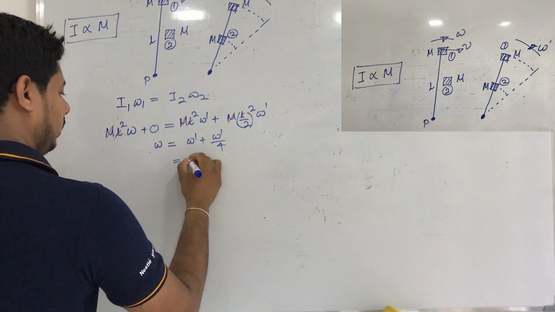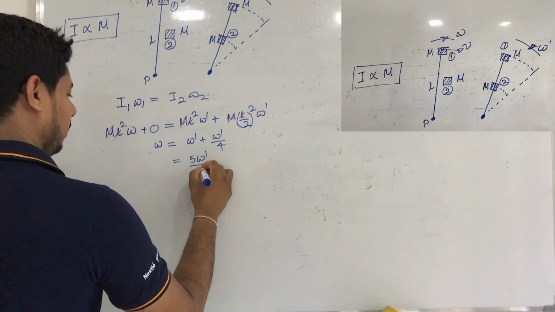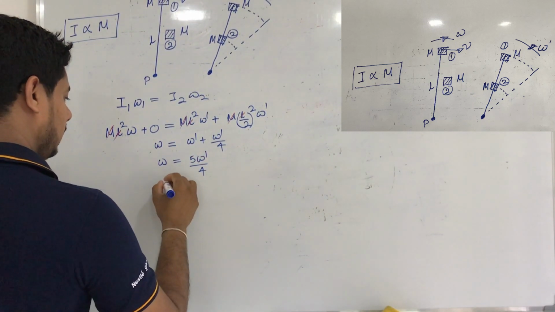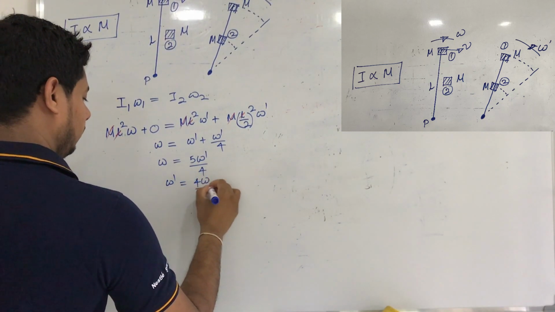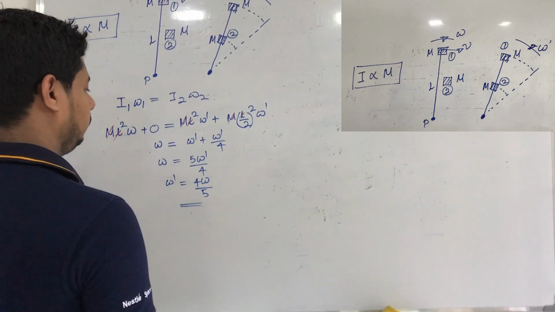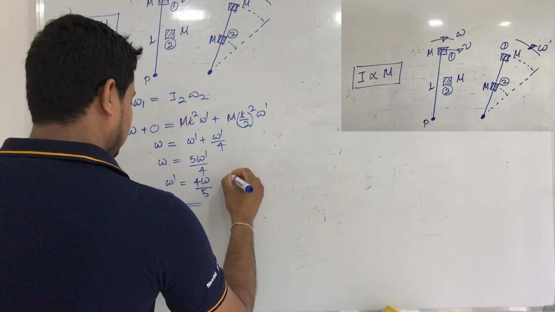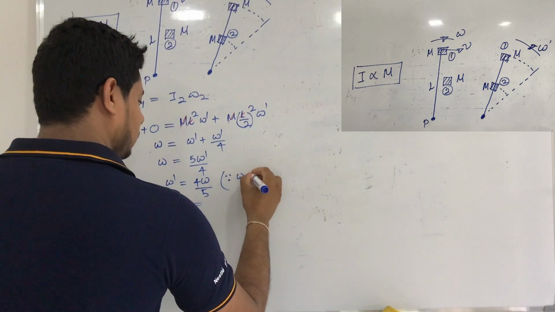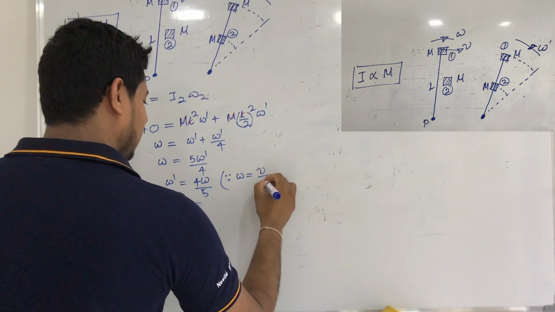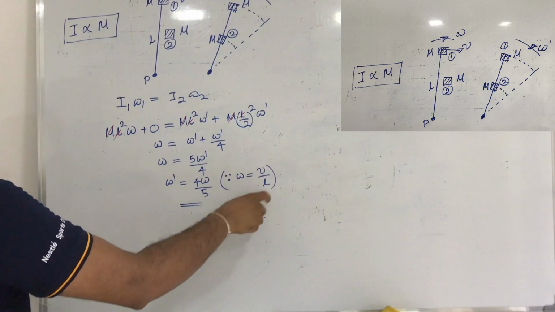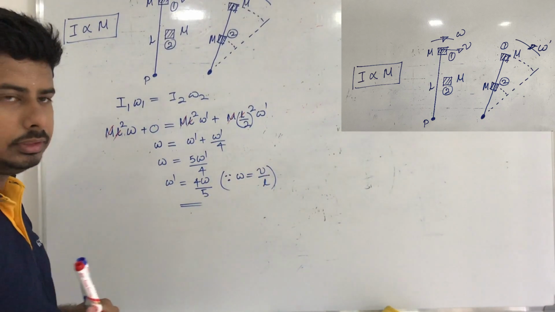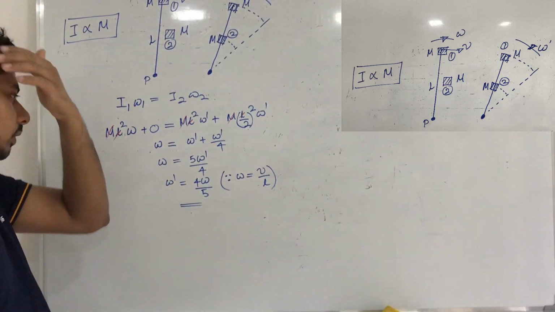So 5 omega dash divided by 4 is equal to omega, then omega dash is equal to 4 omega divided by 5. You know that omega is equal to V divided by L. Keep this in mind: omega is always V over L, linear velocity divided by the moving radius.